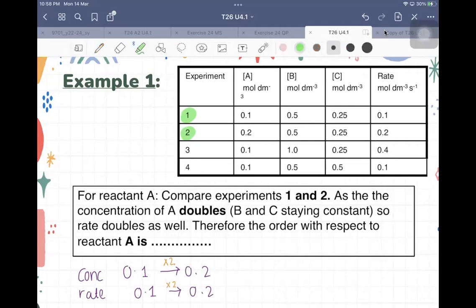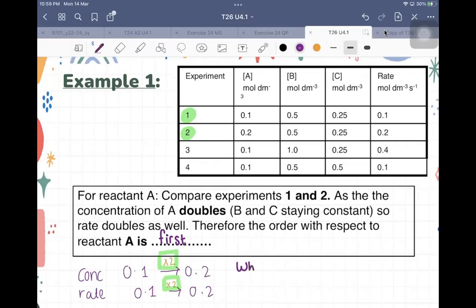So because the increase in concentration is the same as the increase in rate, therefore the order with respect to A is first order. Okay, because when you double the concentration, the rate doubles as well.